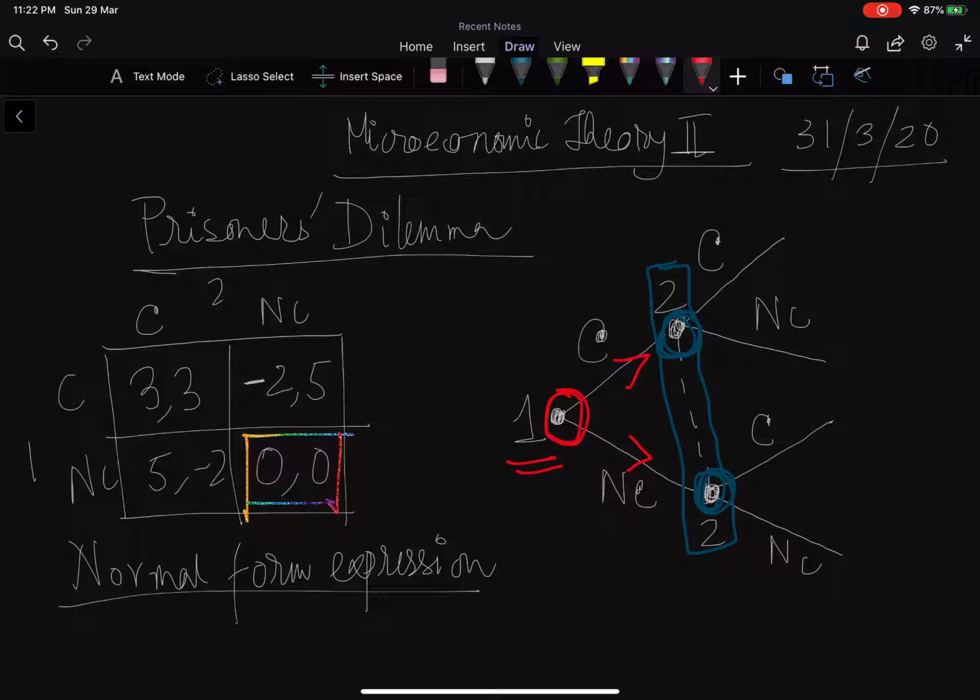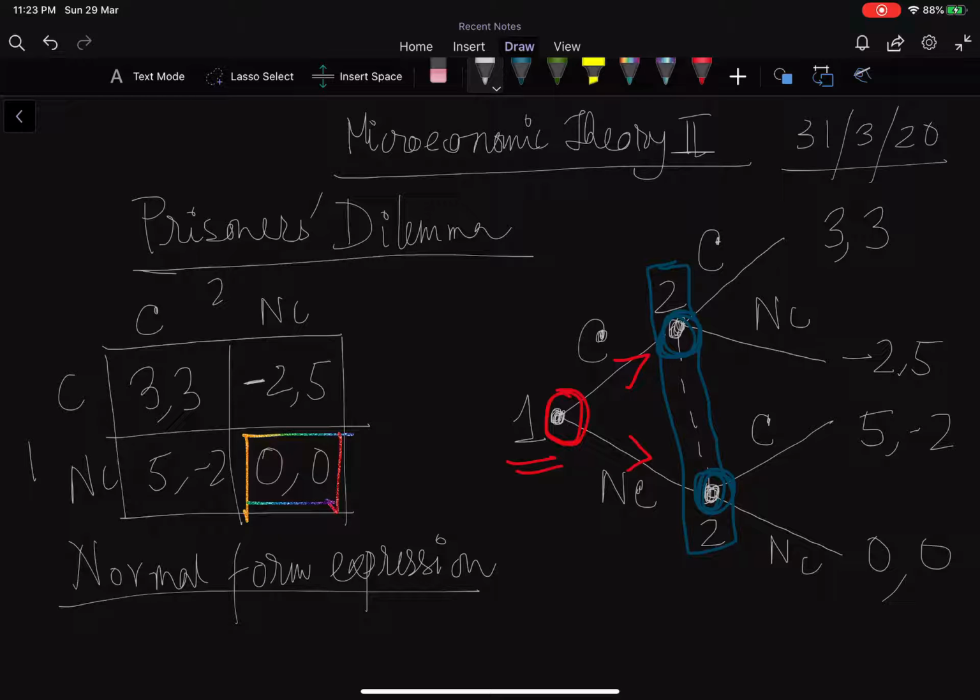So let me just complete writing the game by writing the payoffs. So it is 3, 3. 1 chooses C, 2 chooses NC, then it is -2, 5. 1 chooses NC, 2 chooses C, then it is 5, -2, and finally it is 0, 0.